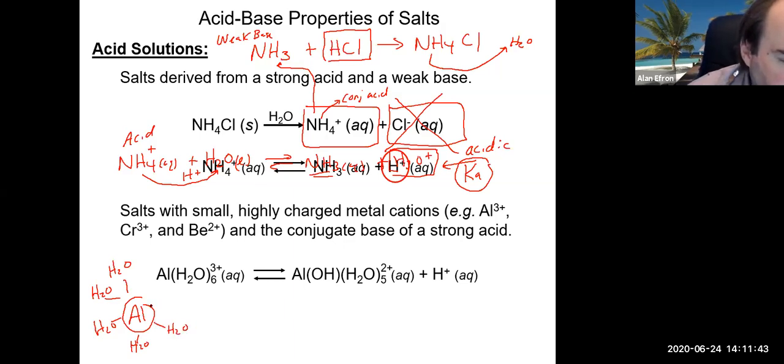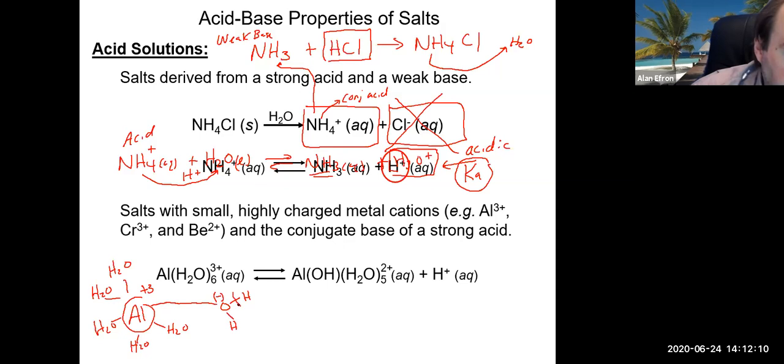And the 6th water, I'm going to draw out bigger so I have room to draw it. It's not really that big, but your 6th water is attached here. The aluminum, which is positive 3 charge, would be attached to the negative side of the water. So you've got these 6 waters attached to this positively charged metal.